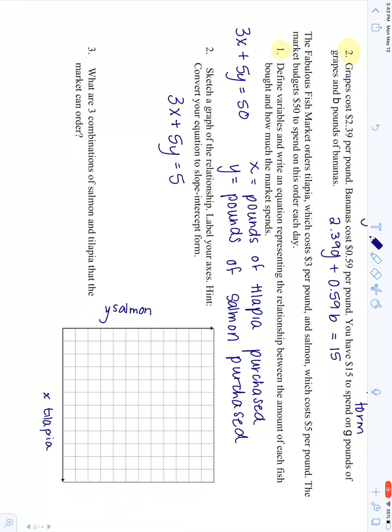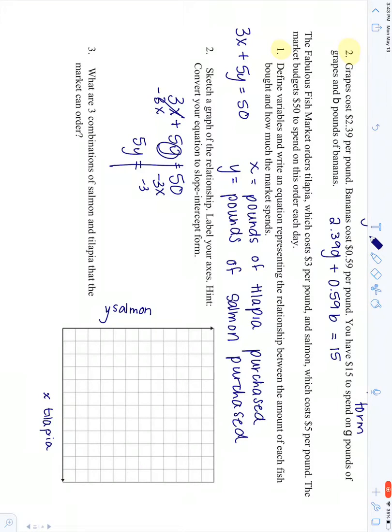I want to get it into y equals form so that I can graph this relationship. So I need to isolate this y variable. So I need to subtract 3x from both sides first. So I'm left with 5y on this side, because this cancels out.